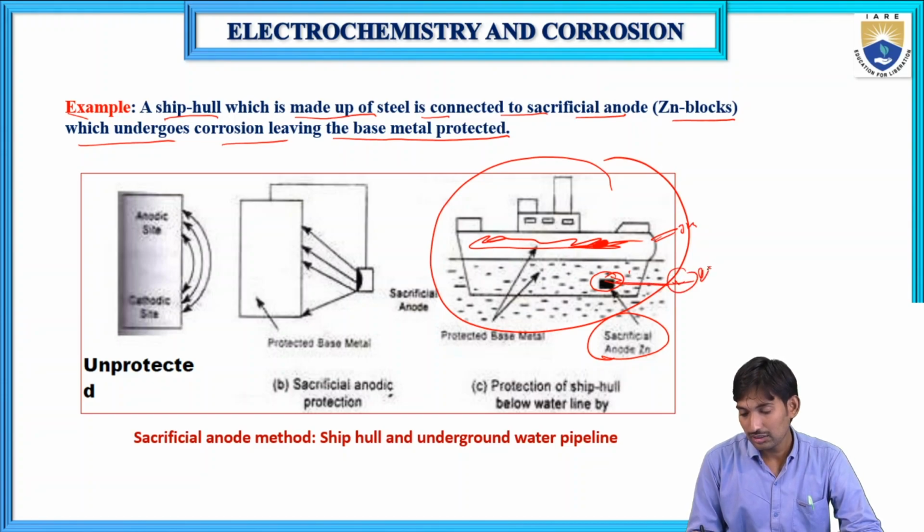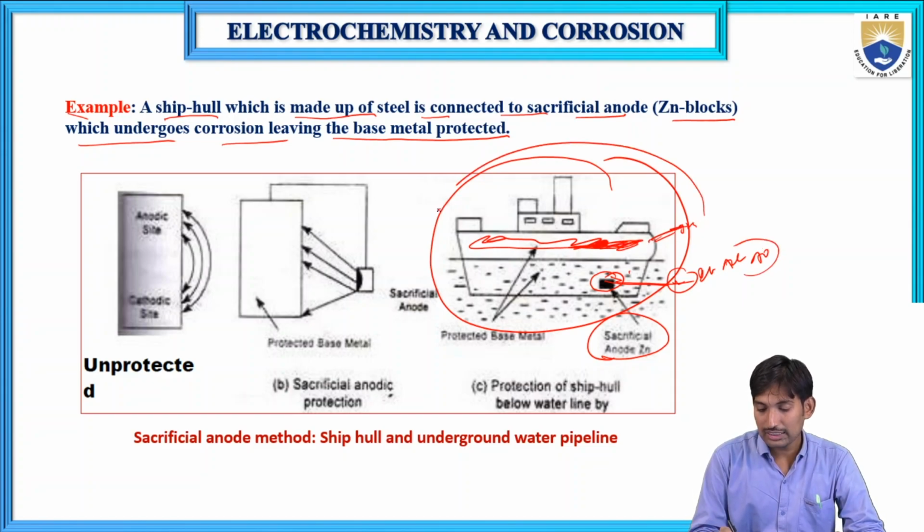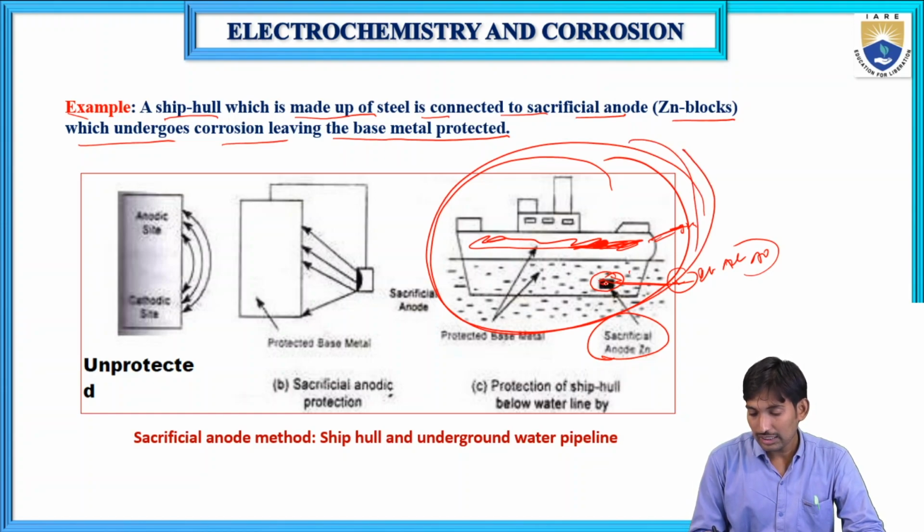The zinc acts as the sacrificial anode, and the remaining part acts as the cathode. If it is exposed to a corrosion environment, the zinc acts as the anode and undergoes oxidation. In this way, the steel part will be protected from corrosion.